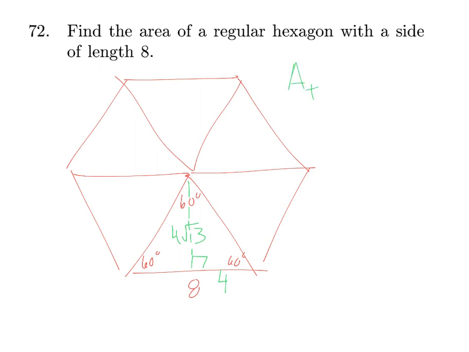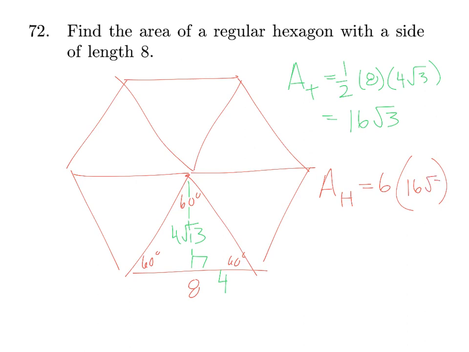The area of the triangle is half base, which is 8, times height, which is 4 square root of 3. So 16 square root of 3. The area of the hexagon is 6 times that, so it's going to be 96 square root of 3 for the area. Units squared. Already done.